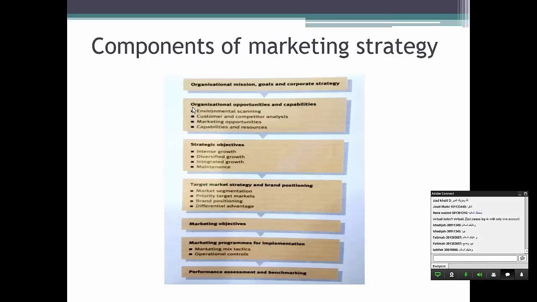Okay, the intense growth means how many centers or how many places you want. For example, if you want to make one branch, and then after 5 or 6 months you want to open another branch in another area, and after also 6 months you need to open a new branch. This is the intense growth.